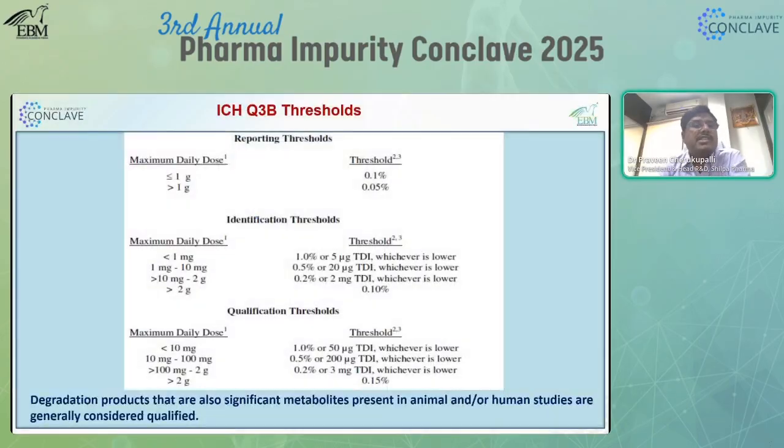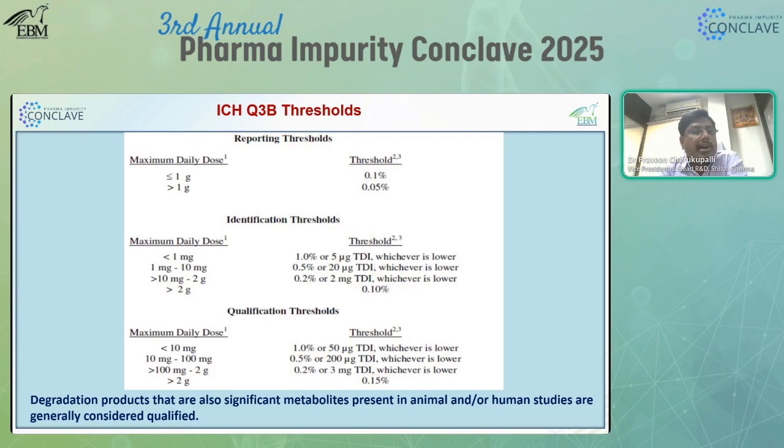These are the ICH Q3B thresholds. Reporting thresholds: for less than 1 gram it should be 0.1%, and for more than 1 gram, 0.05%. Identification and qualification thresholds are defined as per the Q3B guideline.